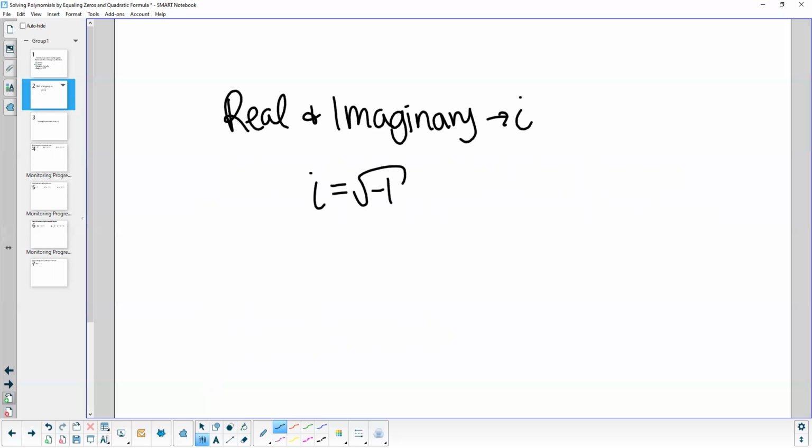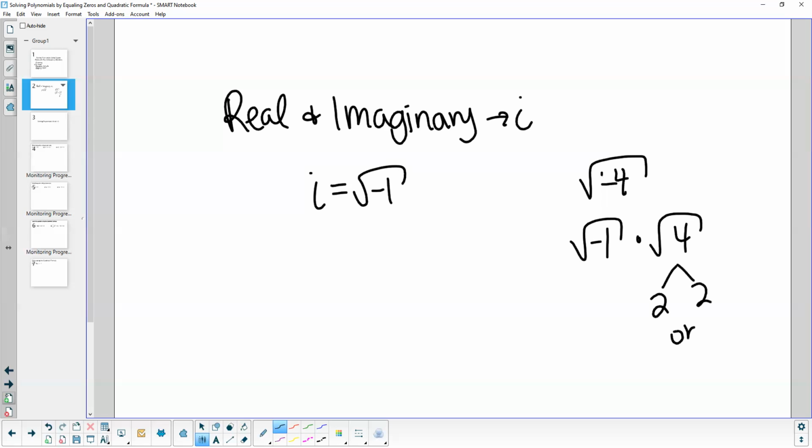So whenever you're solving something, say you wanted to take the square root of -4. What we want to do is see it as the square root of -1 times the square root of 4. Well, the square root of 4 is 2 or -2.